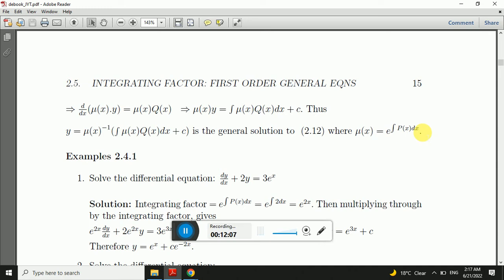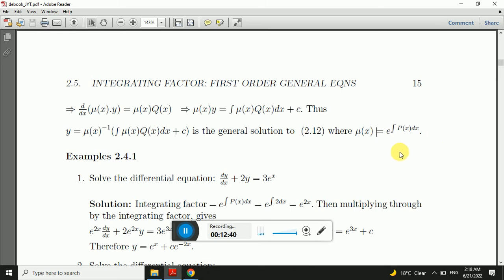I just want you to know that the integrating factor is given by this formula. It is e raised to the power integral p of x dx. So given a differential equation, identify your p of x, and then you find this expression e to the power integral p of x dx.